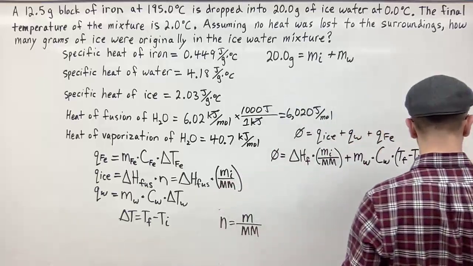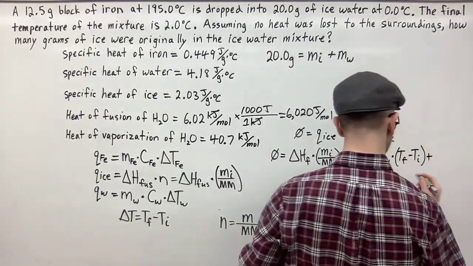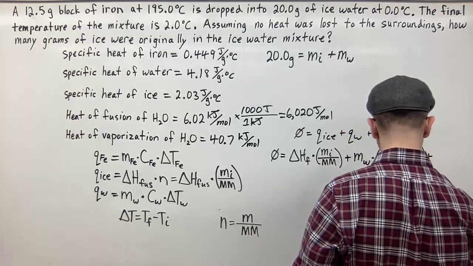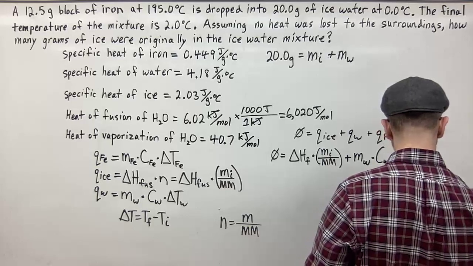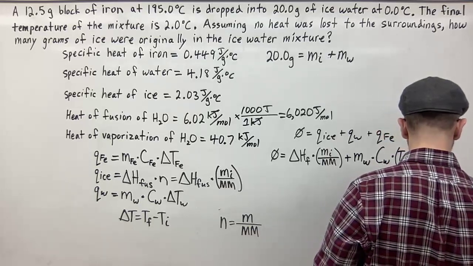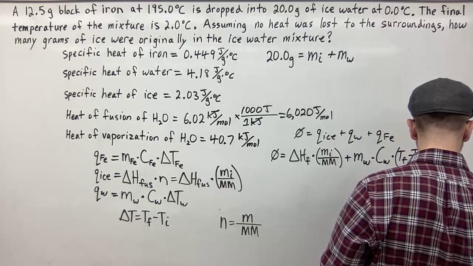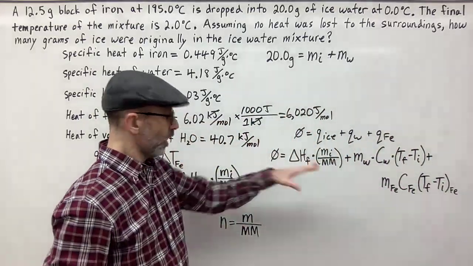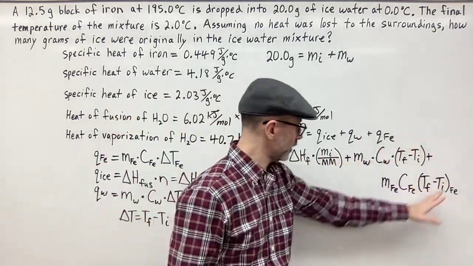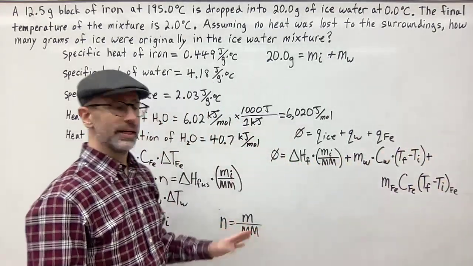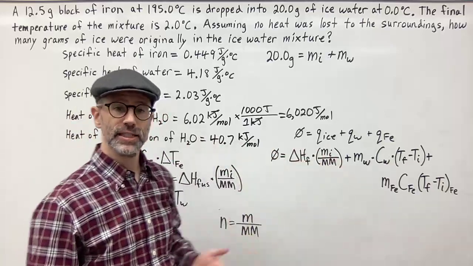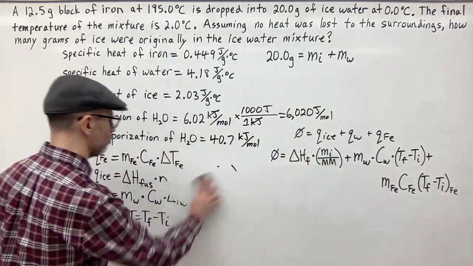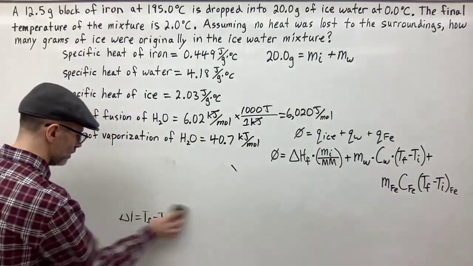Here, let me put this down here so I have room, plus the mass of the iron times the specific heat of the iron times the temperature change final minus initial of the iron. So there's my formula. So now all I need to do is plug everything in and simplify. So I'm going to go ahead and erase all of this since I don't need this and I need more space.